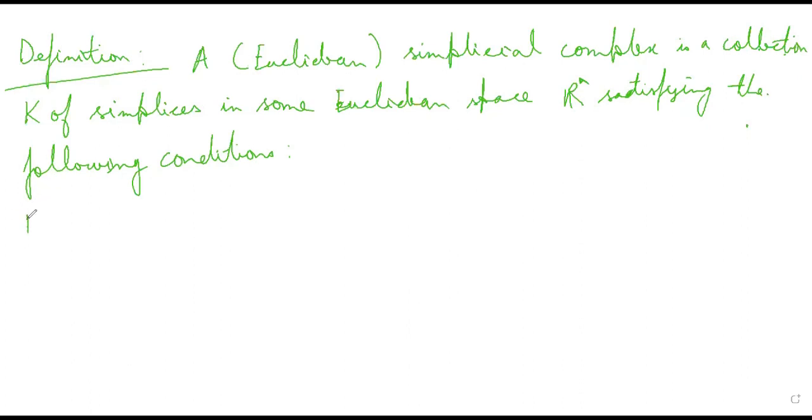So the first condition is that if sigma belongs to K, so what is K? K is a collection of simplices in some Euclidean space.